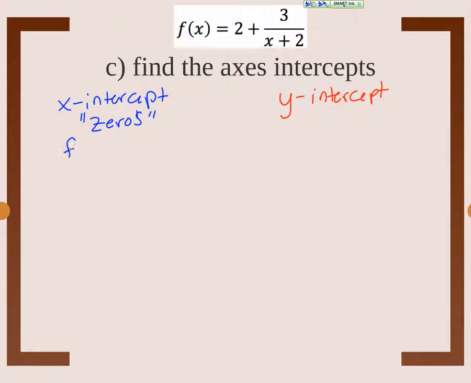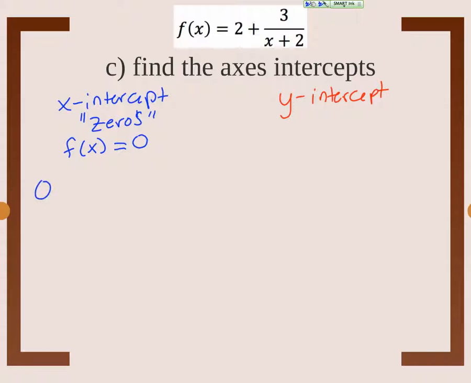So that means that our function f of x we set equal to 0. So to find the x-intercepts, to find the zeros, we set our function equal to 0. Remember, f of x is like y. When we cross the x-axis, y equals 0.